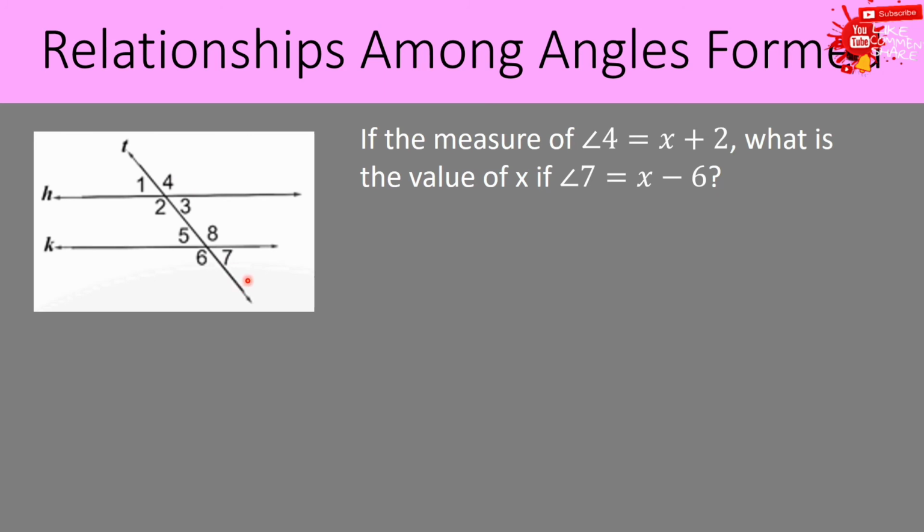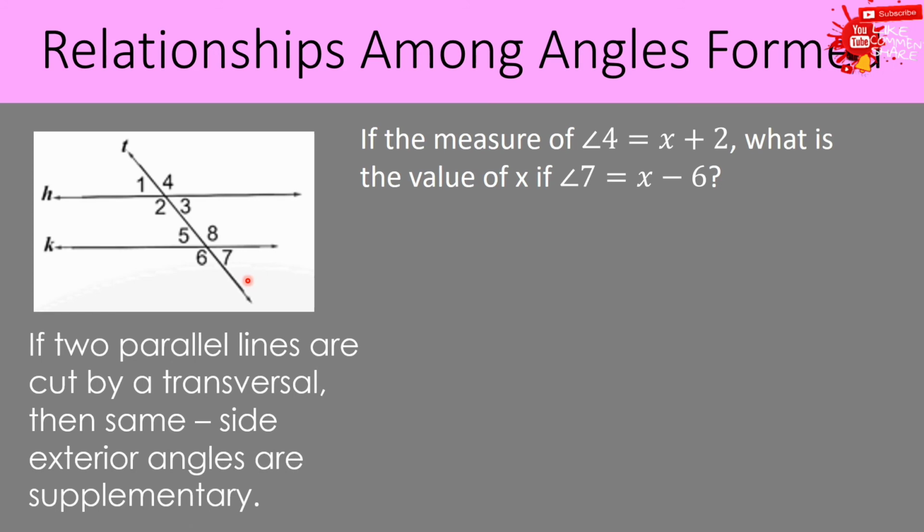Same side exterior angles. If two parallel lines are cut by a transversal, then same side exterior angles are supplementary. Take note that when we are solving relationships among angles formed with equations or polynomials, we have to find out the relationships of these angles.